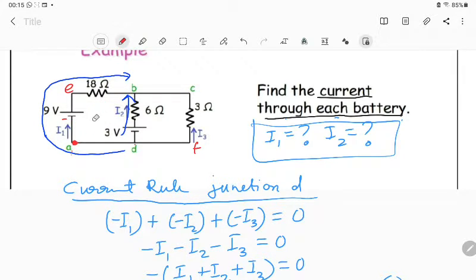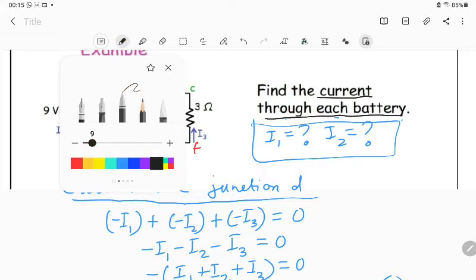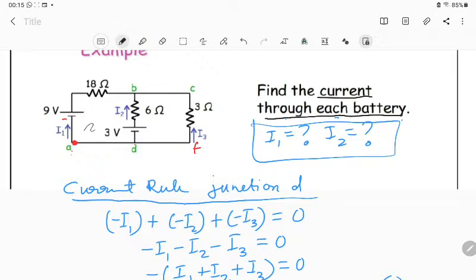Before applying this, you have to mark plus and minus on the resistance. The current is in this direction, which means the current is moving from positive to negative. So this side is positive, this side is negative. I will not draw the direction of the current because it will make the figure dirty. You can draw it in your notebook.